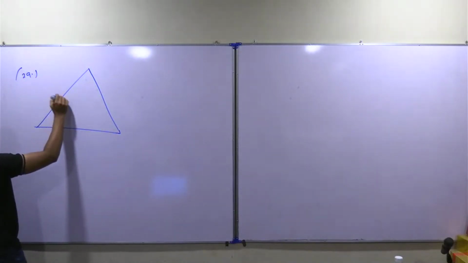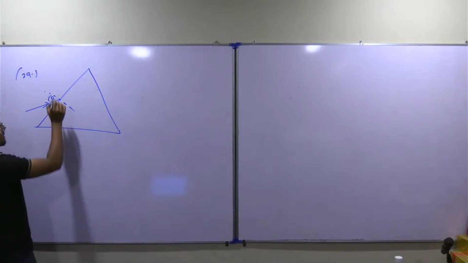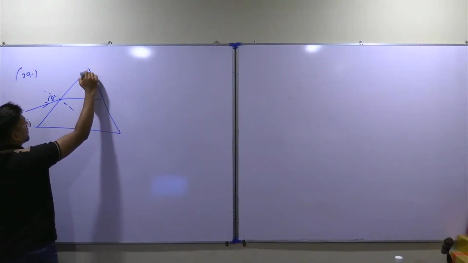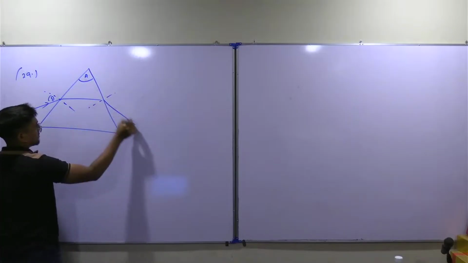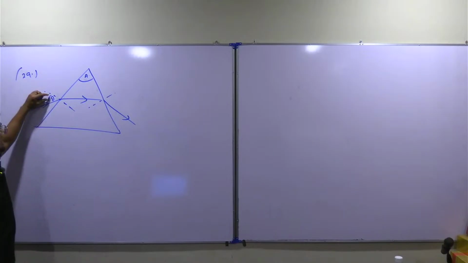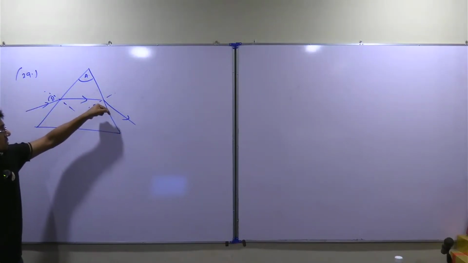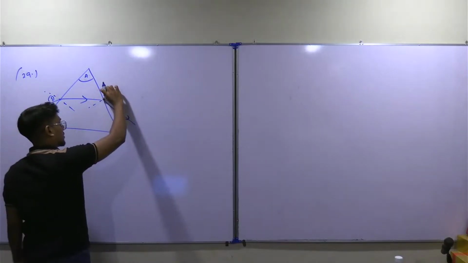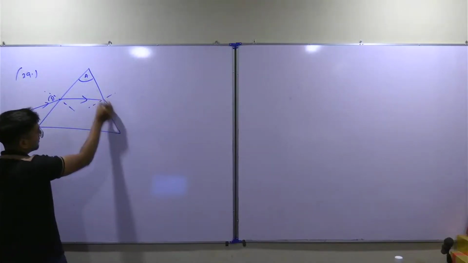Normally, for a prism, when the ray is traveling, the angle of incidence is theta, that is given. The prism angle is A. Normally, the ray diagram will look like this, right? For a normal prism. But they have given that for any incident angle theta, the ray doesn't emerge through this refracting surface. So the ray is not traveling like this.